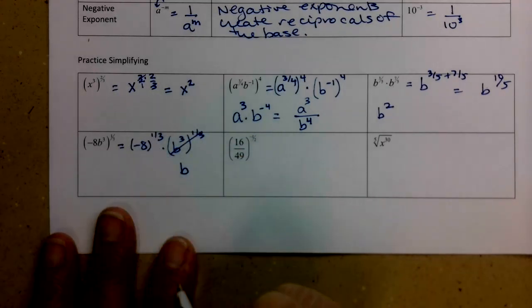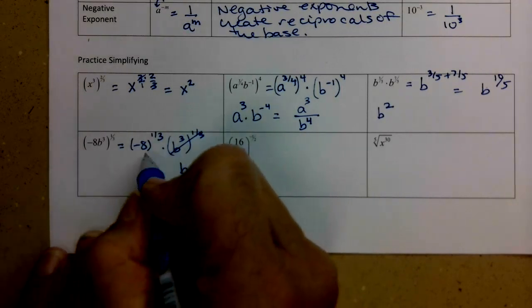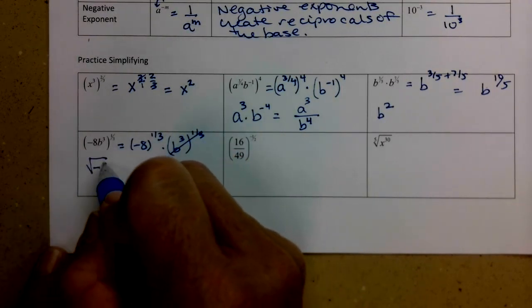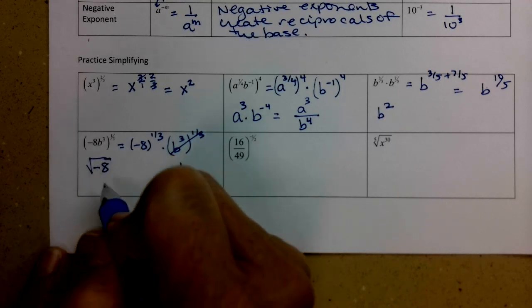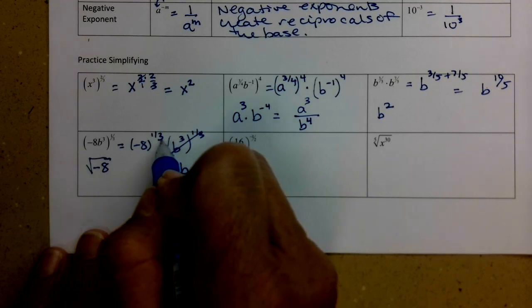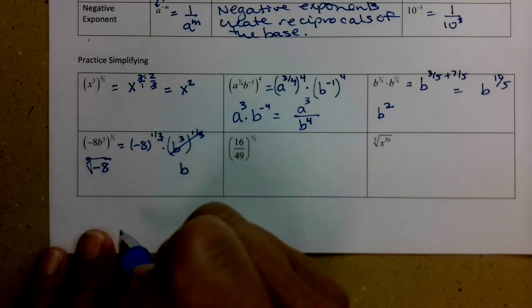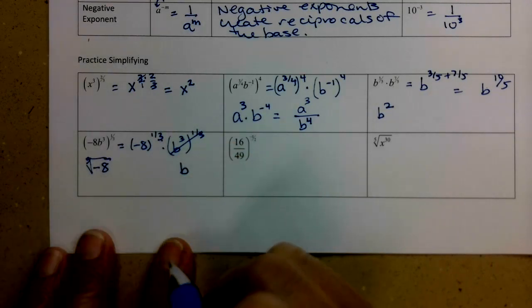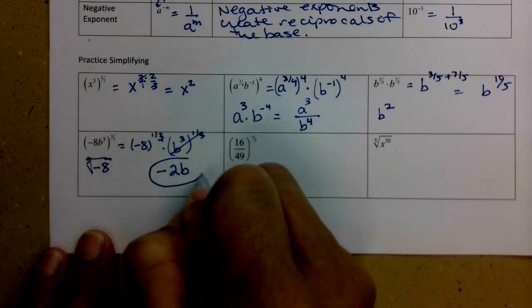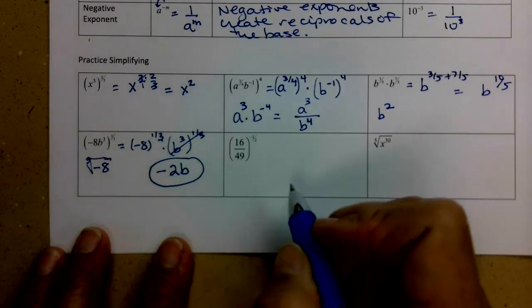The negative 8 to the 1/3, I might write that in its radical notation instead, just because I feel better when it's just numbers, because I know those. So I have negative 8 is my radicand. 3 is my index. So I have the cubed root of negative 8. That's negative 2. So there's my final answer, negative 2b.